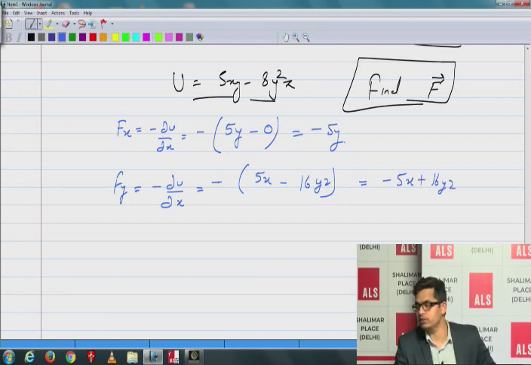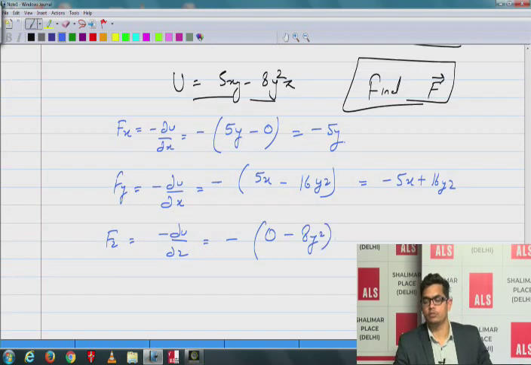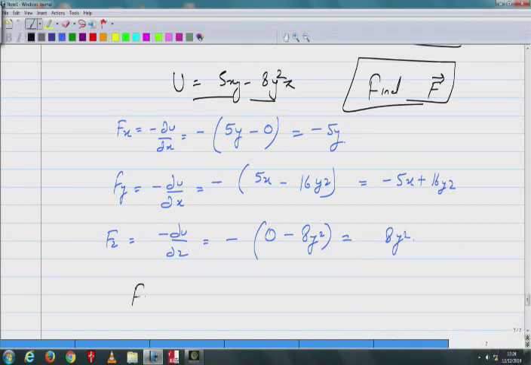Is that the same answer? Yes. And Fz finally is minus del u by del z. It is minus, this will be 0, and minus 8y square. So it is equal to 8y square. So ultimately the answer will be minus 5y I cap, then minus 5x plus 16yz j cap, and finally 8y square k cap.